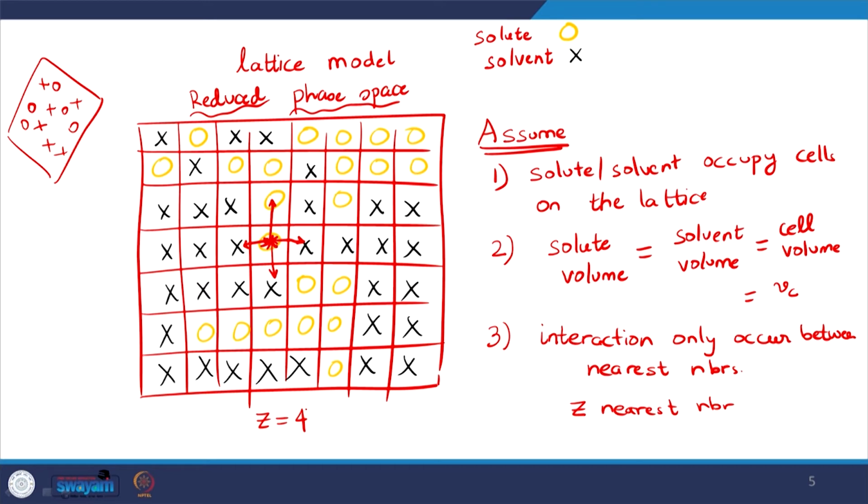You may as well ask why not count the diagonal things. We can very well count that. That is only going to change my Z. If I also count the diagonals, then in that case we will have 8 neighbors. But the way the models are, it is always a better idea to go for simplicity and try to improve the model only if there is a need in terms of the qualitative behavior you want to predict.